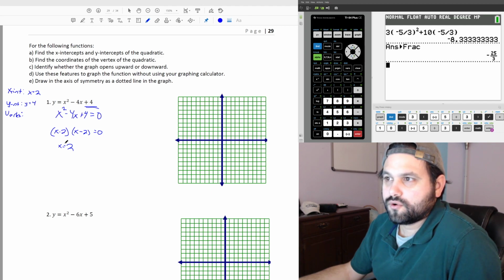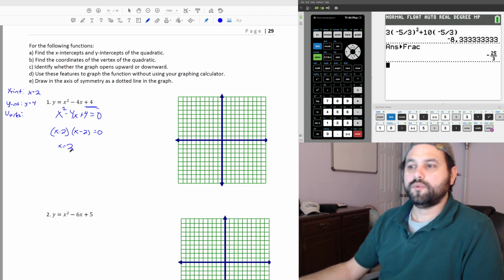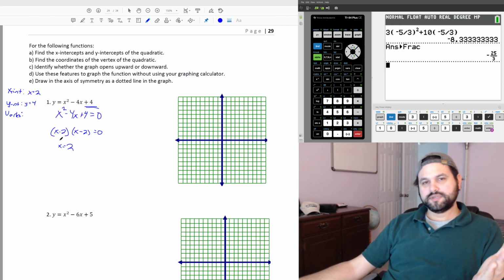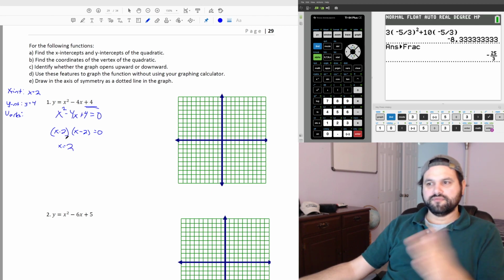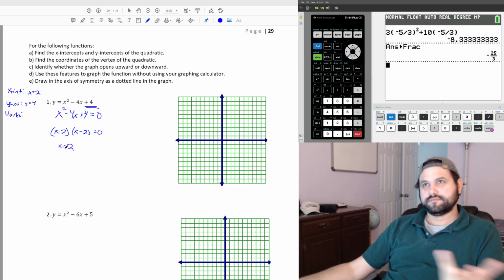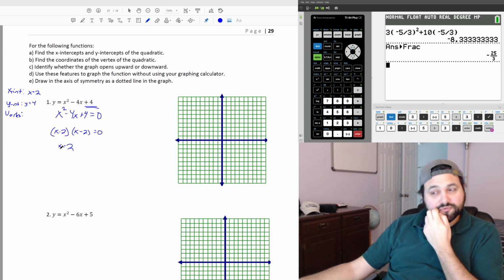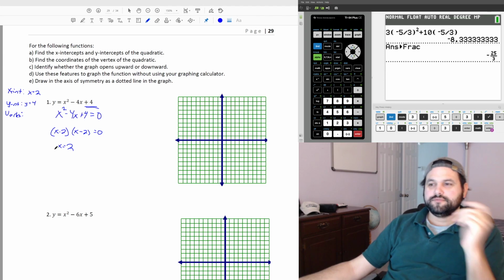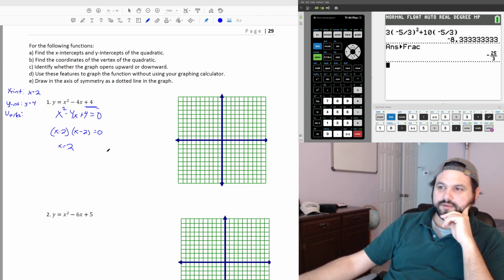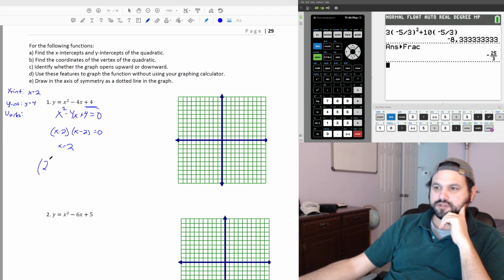Okay, the coordinates of the vertex. Well, remember we said the vertex would be right in the middle of the two x-intercepts. If there's only one x-intercept, or it happens twice, it's x equals 2 and x equals 2, what's right between 2 and 2? Well, it's just 2, right? So we want to figure out what the y value is, so we're going to plug 2 in.